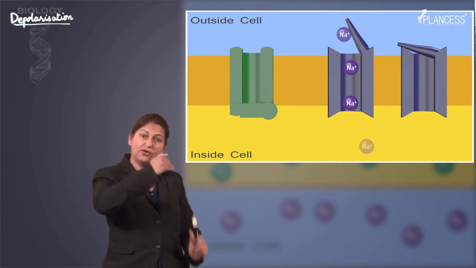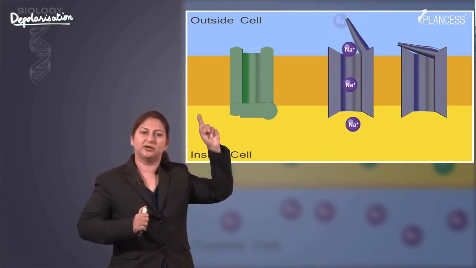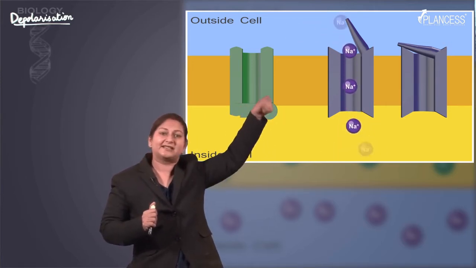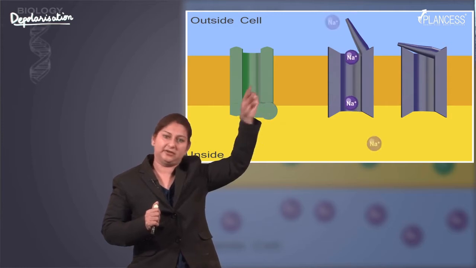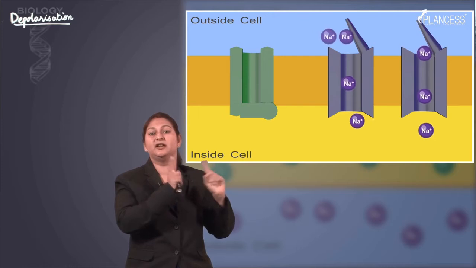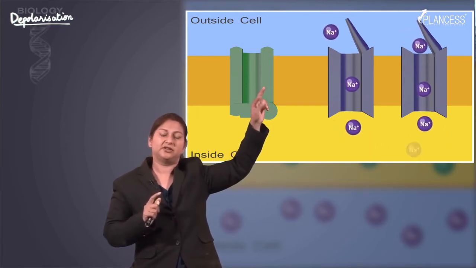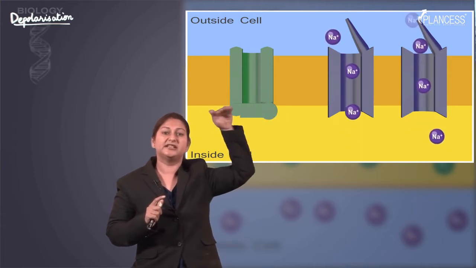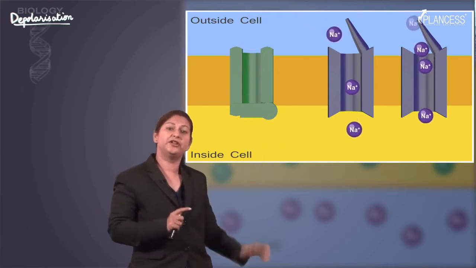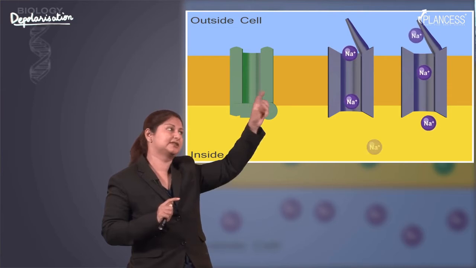Because of the rising of the positivity, the positive electrical signal, the next adjacent sodium gates are opened. It is because of the change in the electronegativity, correct? The changes in the electrical difference is going to initiate the opening of the further sodium gates, which are the voltage gated ion gates, correct?